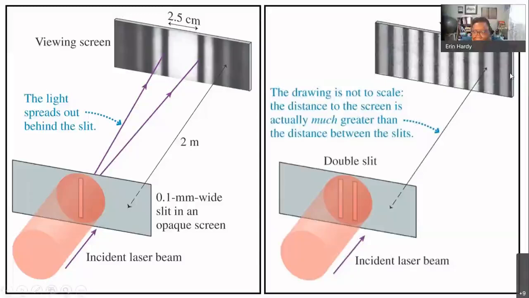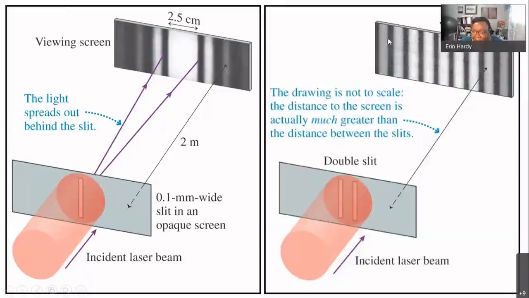We would still see the pattern get dimmer near the edges, like we saw for the single slit diffraction example, but it's not as dramatic. And we would see that the width of the dark fringes doesn't really change as you get further away from the central maximum.